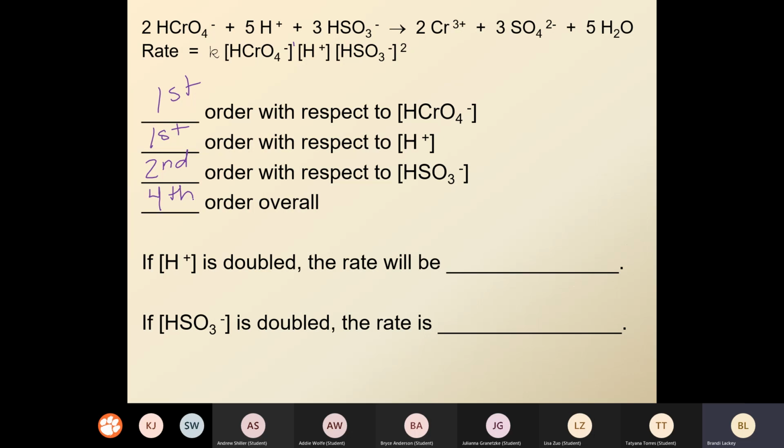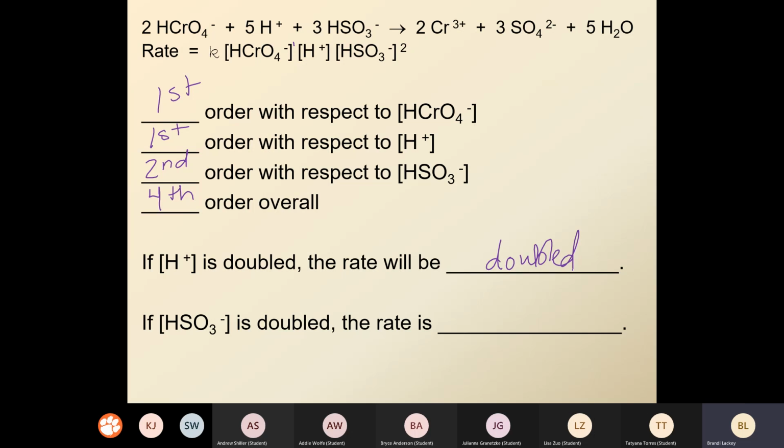So if hydrogen is doubled, since it's first order, remember we said that the rate and the concentration are directly related. So if you double H, you're doubling the rate. And then it wants to know what if the hydrogen sulfide is doubled. Well, hydrogen sulfide is second order, so this is the one where everything is squared.